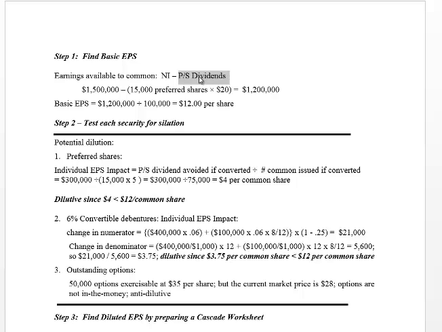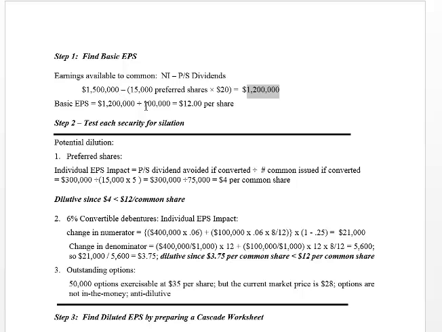All right. So now there were no conversions during the year, so we had 15,000 cumulative preferred shares outstanding all year long. We know the dividend entitlement here is $20 a share. So in essence, we would owe them 15,000 preferred shares times $20 a share, and that would be 300,000. So 1.5 million less 300,000 is going to give us a numerator in our basic EPS calculation of 1.2 million.